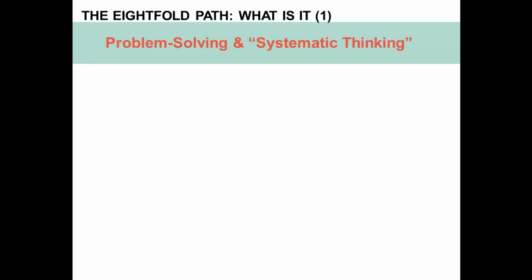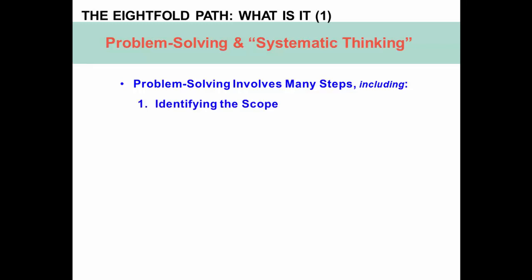First, let's think about problem solving and a system of thinking. If we step back from the kind of thinking that problem solving entails, we realize that it involves many steps. Let's list just some of them. We would wish to identify the scope of the problem that we would analyze.